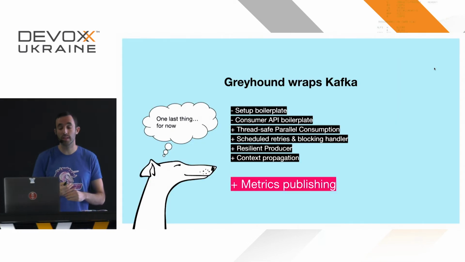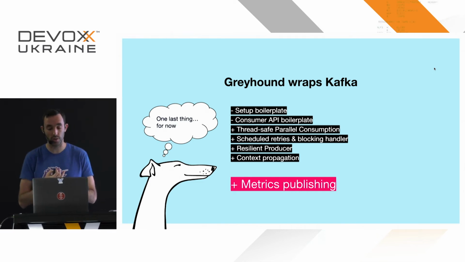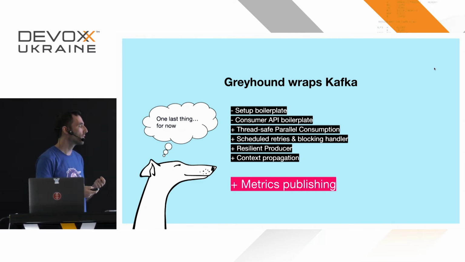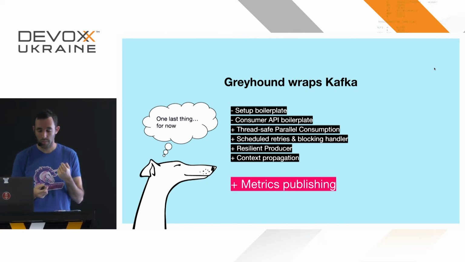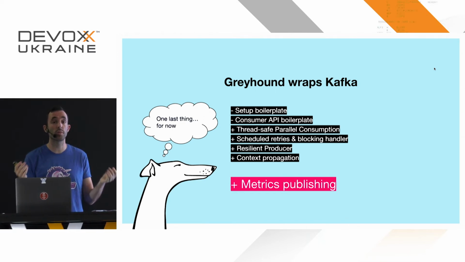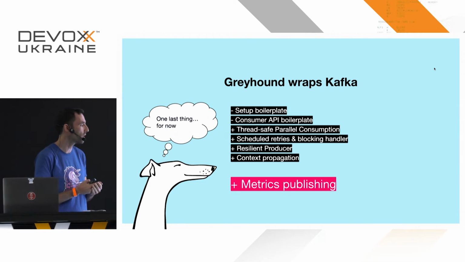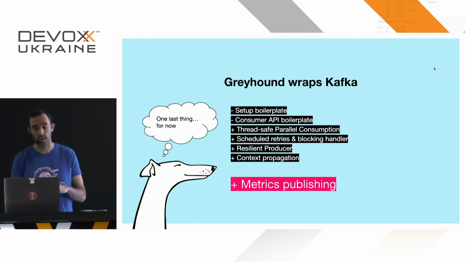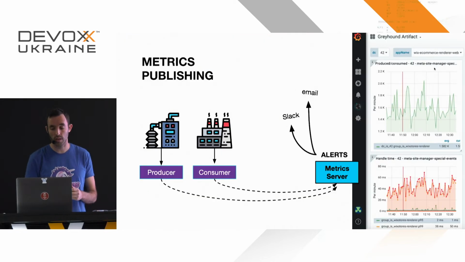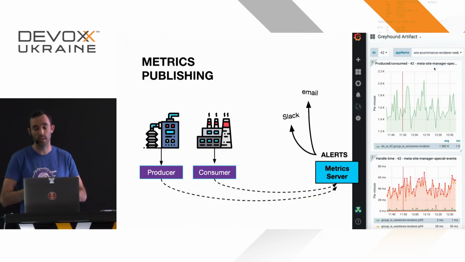And last but not least, a very, very important feature, crucial really for proper operation of a distributed system on a large scale in production, is, of course, metrics publishing. So Greyhound does a lot of publishing of metrics behind the scenes.